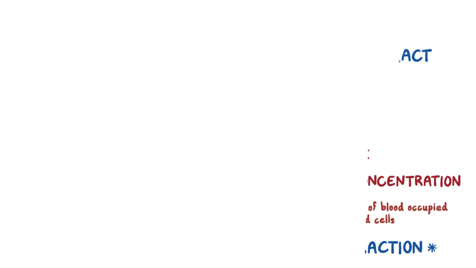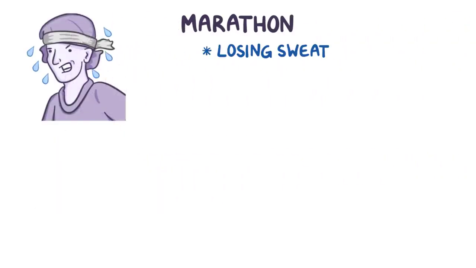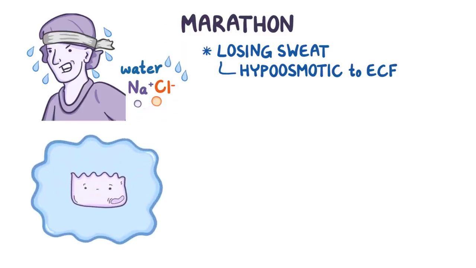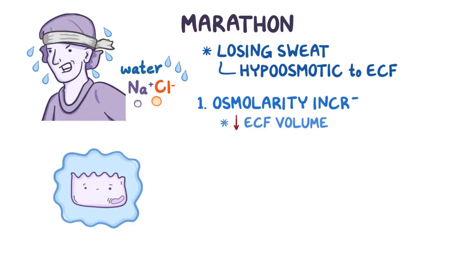The second situation is a person running a marathon and losing a ton of sweat, which contains both sodium and chloride ions as well as water. Interestingly, sweat is actually hyposmotic relative to extracellular fluid, so it has relatively more water than solute. When a hyposmotic fluid is lost from the extracellular fluid, the volume of the extracellular fluid decreases, and the osmolarity increases.